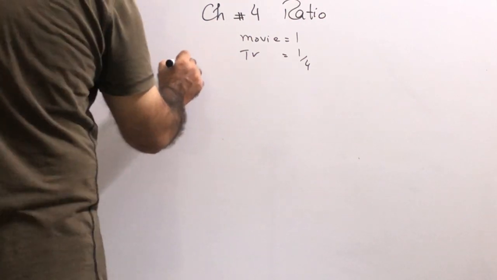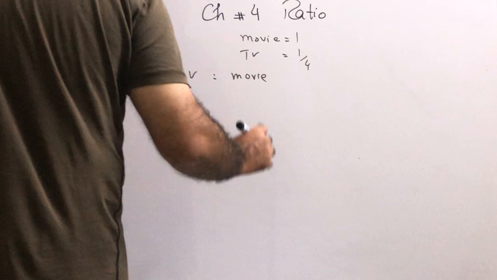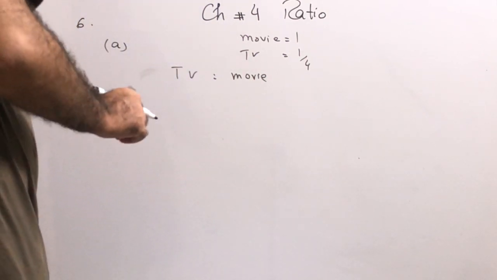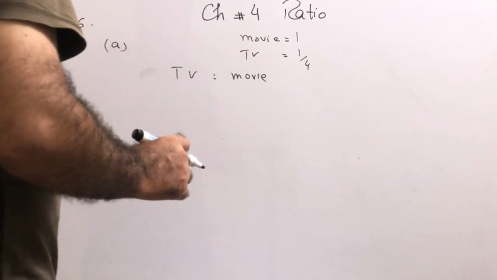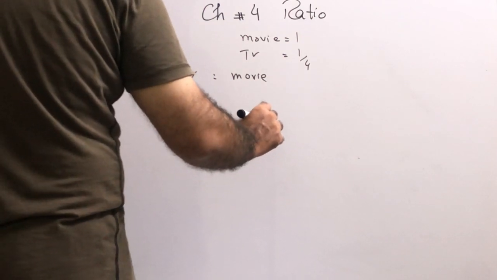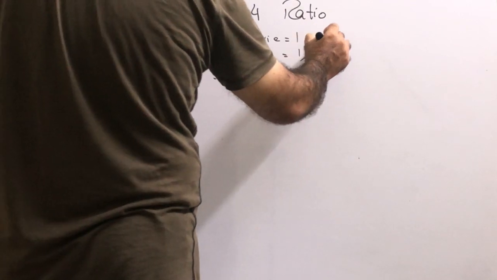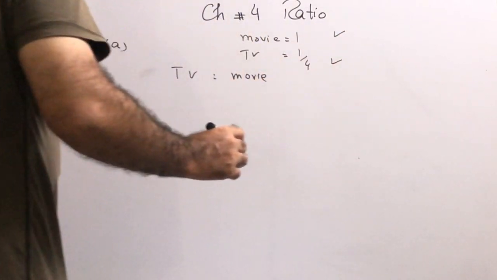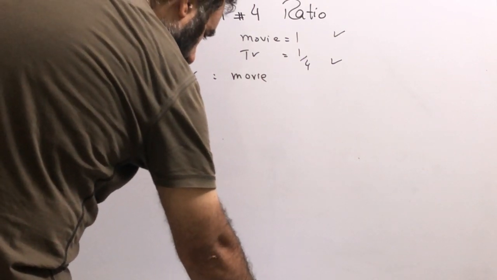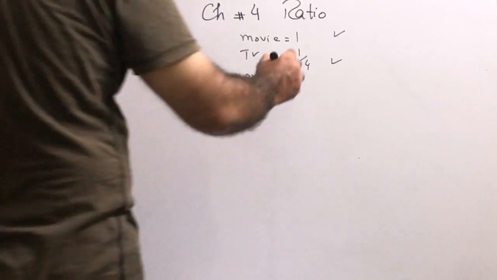Okay, TV to the ratio of the duration of the documentary to the duration of the movie. Okay, so if TV is, if it is mentioned movie is one, okay, it is mentioned the duration of television documentary is 1/4 the duration of a movie. Okay, television over movie, it is like this.